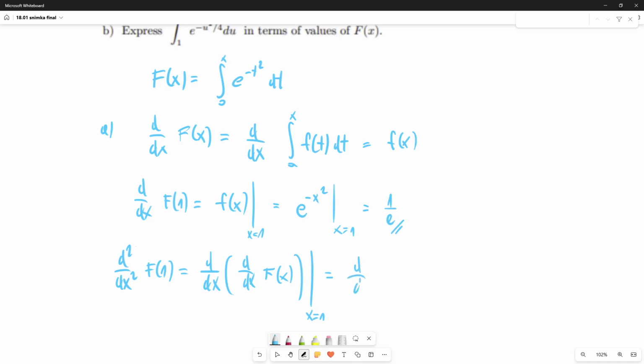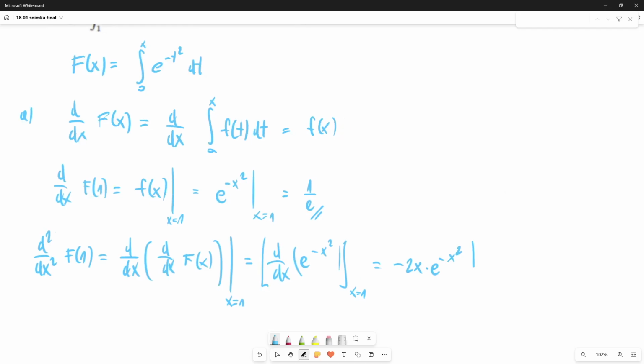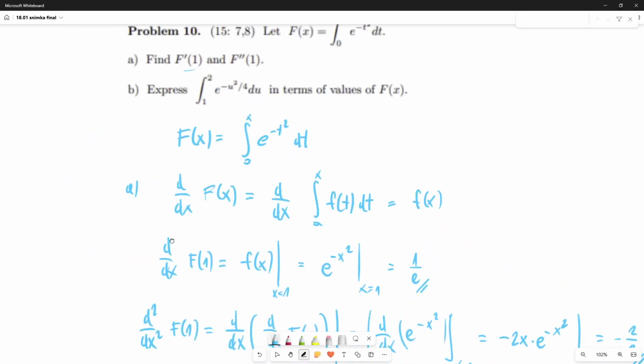So we differentiate e to the power of minus x squared, and we plug in x equal to 1. So we obtain minus 2x times e to the minus x squared power for x equal to 1, and that is equal to minus 2 over e. And now we are finished with part A.